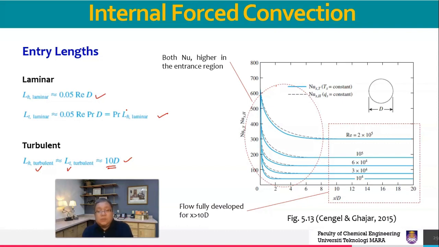I will explain this in the example as well. So again, both Nusselt numbers are identical in the fully developed region.